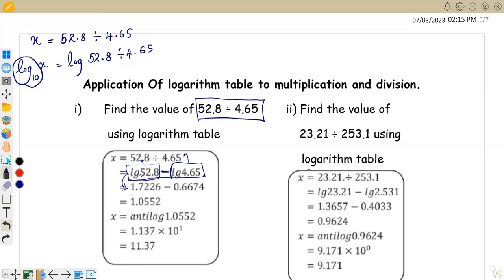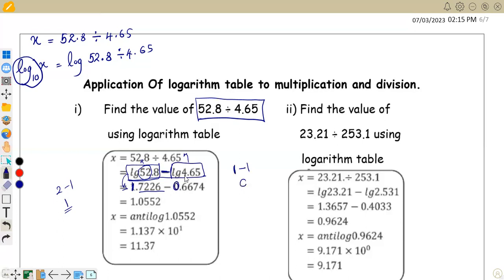Then look at what is the corresponding logarithm value of 52.8. Here it is only 2 digits, so 2 subtract 1, it's 1, then characteristic is 1. In the 8th column of the 52nd row, it is 7226. Then here characteristic should be 0 because only one digit in the whole number part.